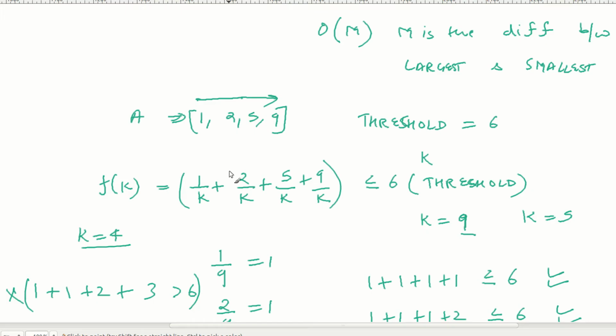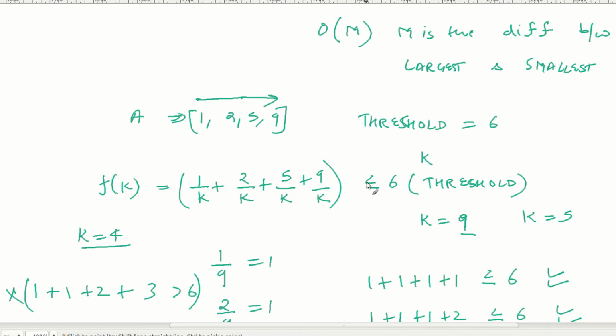To optimize this solution, let us take a look at the function f of k. Now f of k is equal to 1 by k plus 2 by k plus 5 by k plus 9 by k and so on. If there were more elements, then I would add them also to f of k. Now if you notice, for f of k, if my k is very small, then the f of k value will be large.